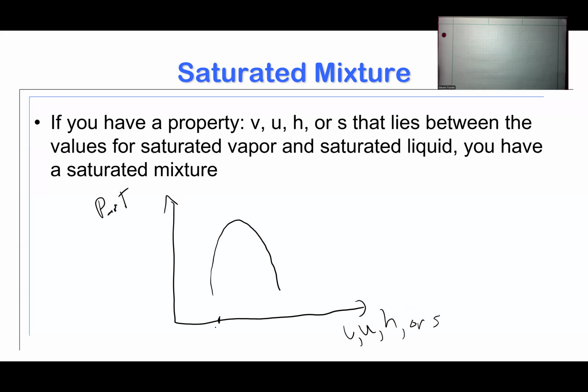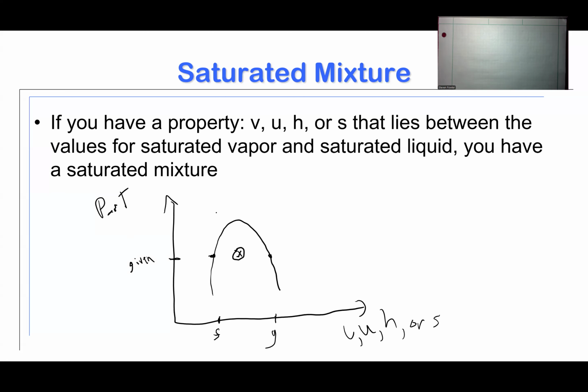And remember, we said that saturated liquid is the F value, and saturated vapor is over here on the G value. That's assuming, at the given pressure or temperature, I get a V, U, H, or S value that's between the values for saturated liquid and saturated vapor. I am in here somewhere.